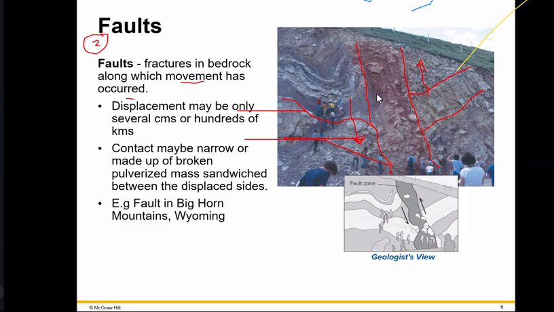But at other times, instead of a zone, what you get would be a fault plane. So something like this. If I were to draw this as a displacement, these two blocks displaced by a plane rather than a zone, you're going to get something like this. So not all the time do you get a zone that defines the contact of the fault.